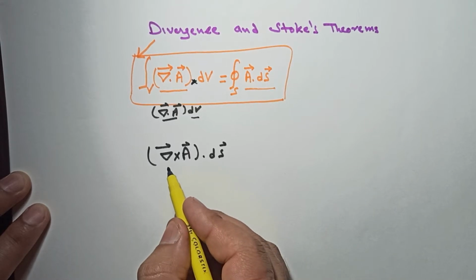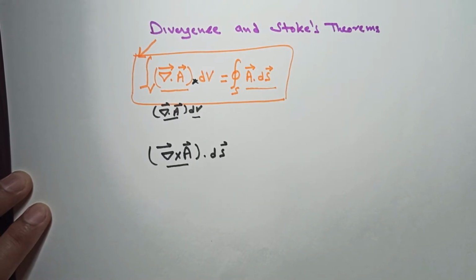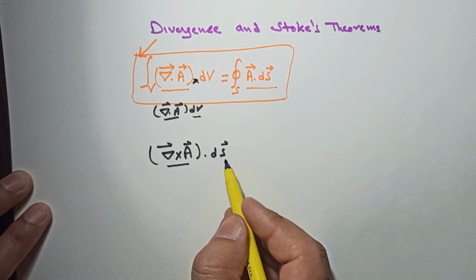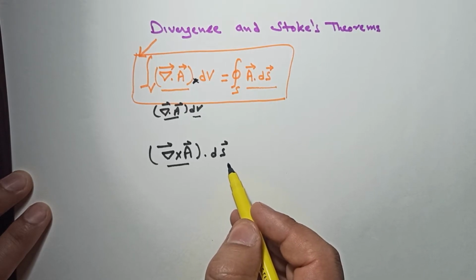And here del cross A will give you a vector, so you have to take the dot product with the surface, which is a vector.